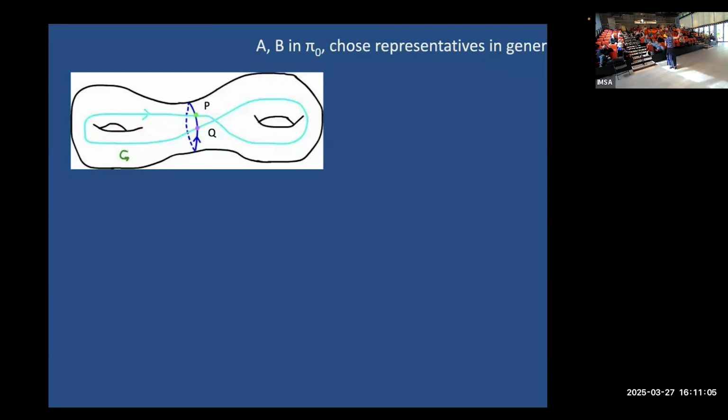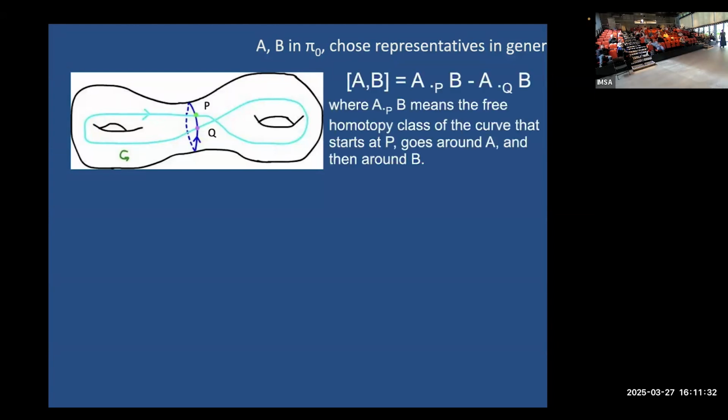When I define this, I start with two free homotopy classes, and I choose two representatives. And then I did my thing. I require the representatives to intersect in transversal double points. But if you choose something, and this is the moral of this talk, you have to be careful. So I have to prove that it doesn't depend on the choice that I made. So this is well defined, in other words.